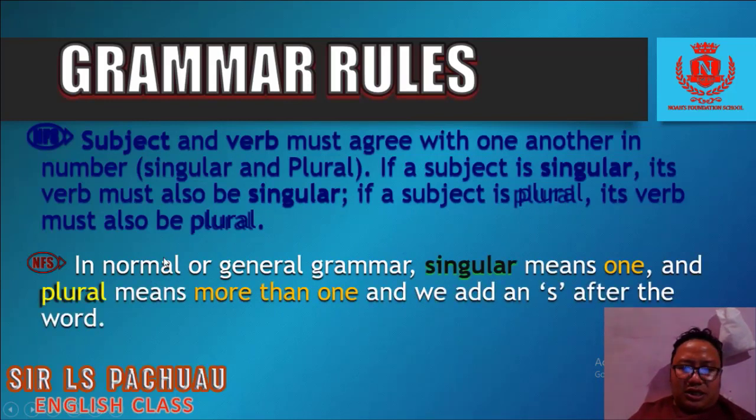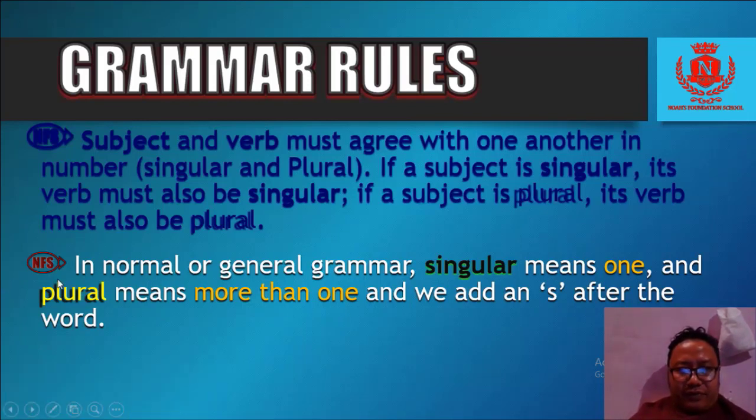In normal or general grammar, singular means one and plural means more than one, and we add an S after the word. Let me say that in nouns, if we add an S, singular turns into plural. But in verbs, the word with an S is singular.